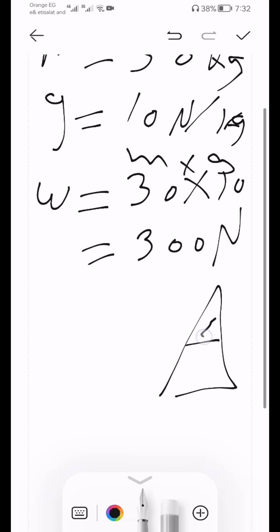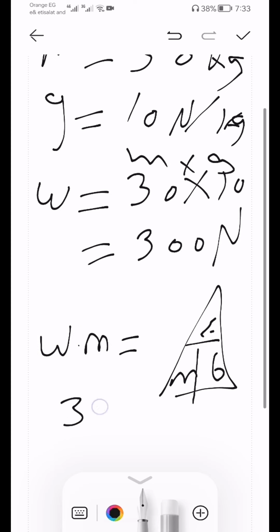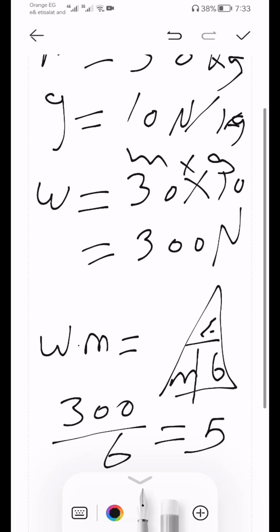Weight on Earth equals weight on moon times 6. So weight on moon equals weight on Earth over 6, which is 300 over 6. It will be 50 Newton.